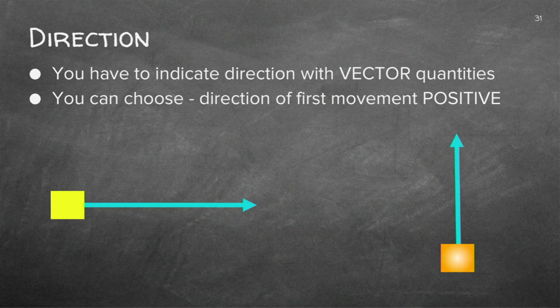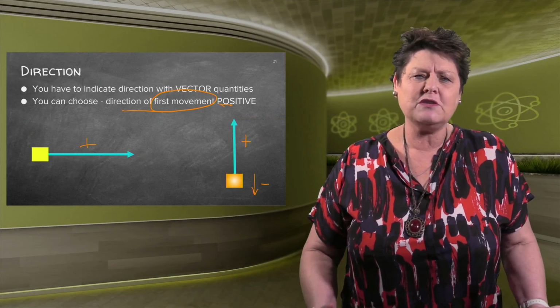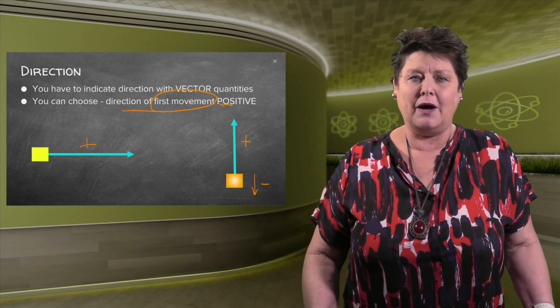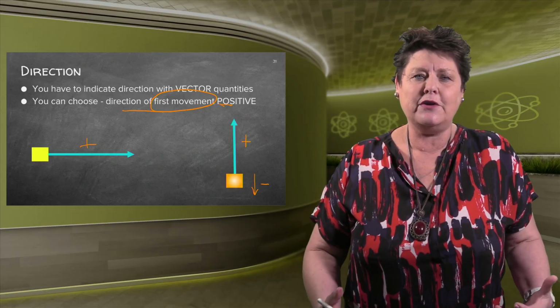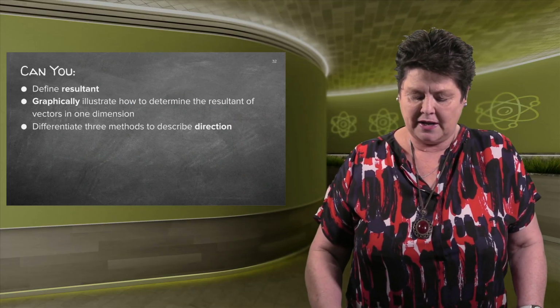In a case where we're working up and down, you can always say this is positive, and obviously downward will be negative. But choose your direction that you have the first movement in as positive. You will find when you get to momentum and all of those calculations that it's worthwhile to have a very, very good idea of positive and negative.